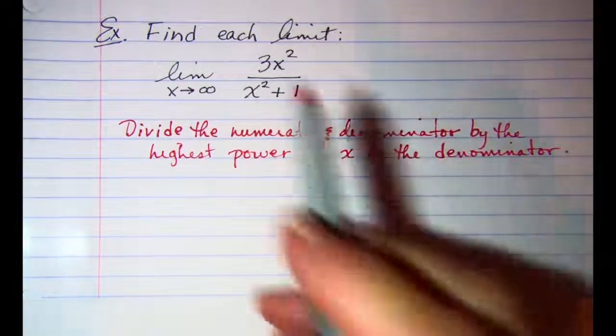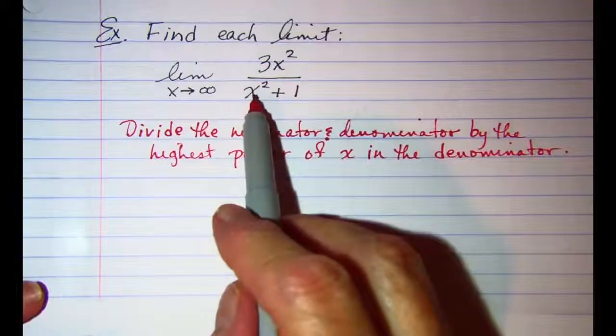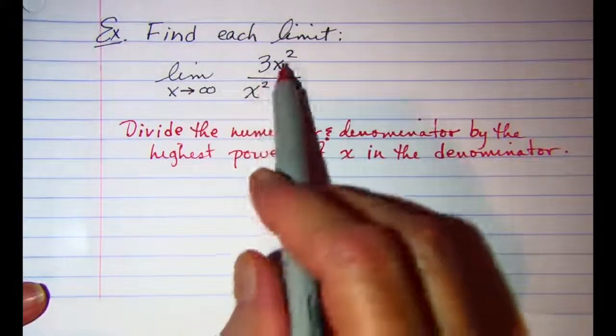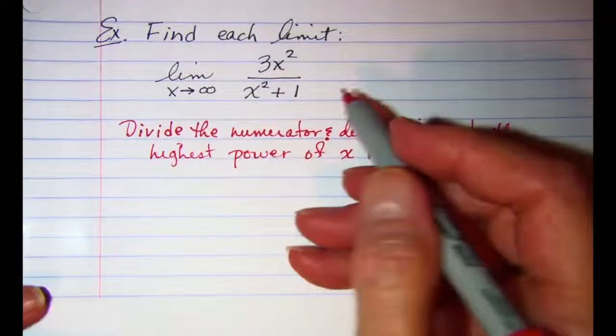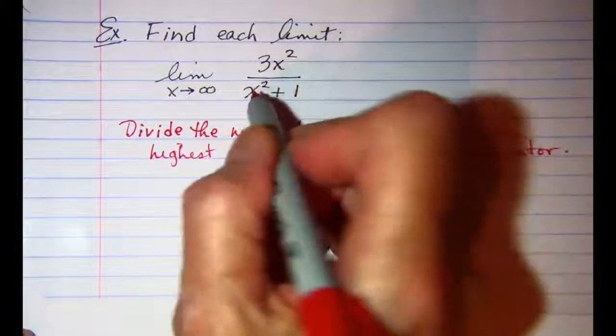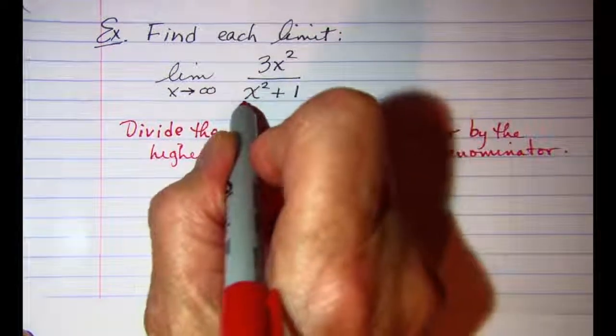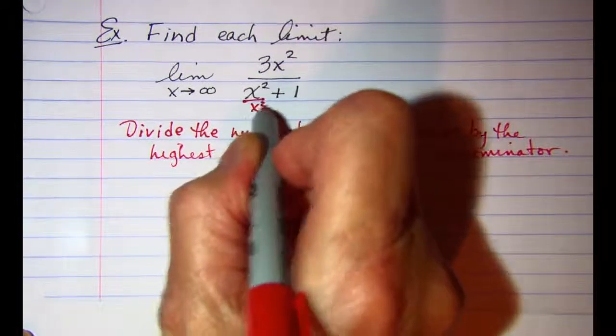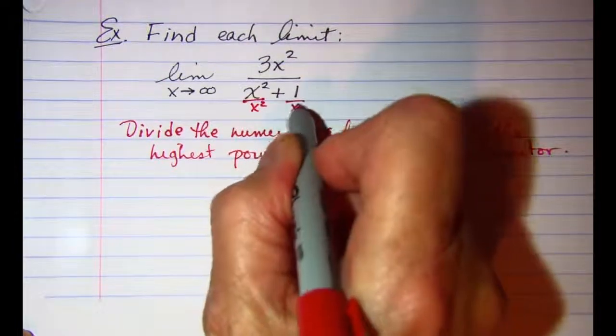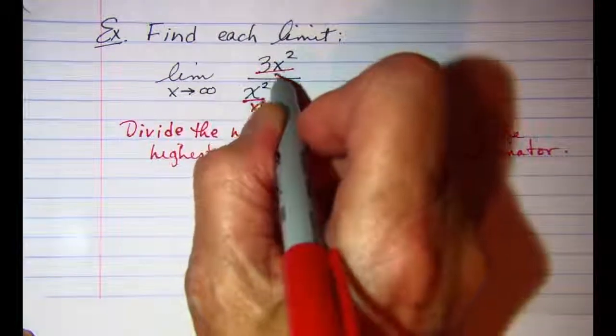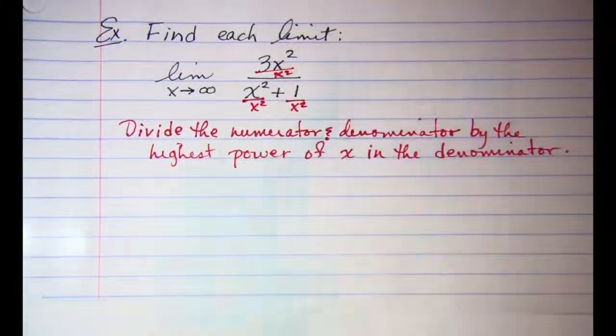So our highest power of x in the denominator is x squared. Just so happens it's also in the numerator. But our highest power is x squared. So I'm going to divide every term in the top and the bottom by x squared.